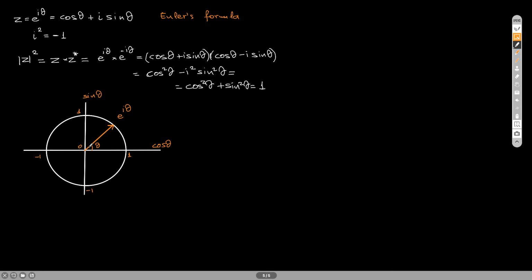And this is why I have this line ending on the unit circle, where the magnitude is 1 everywhere along the circle. Now, the reason why I have e to the i theta on the unit circle is, I can make a note for you. So here, say I have e to the i theta.